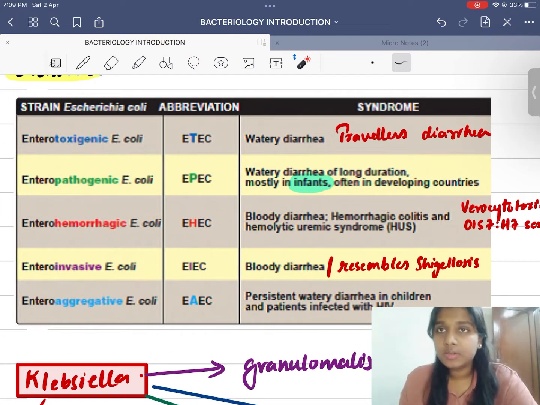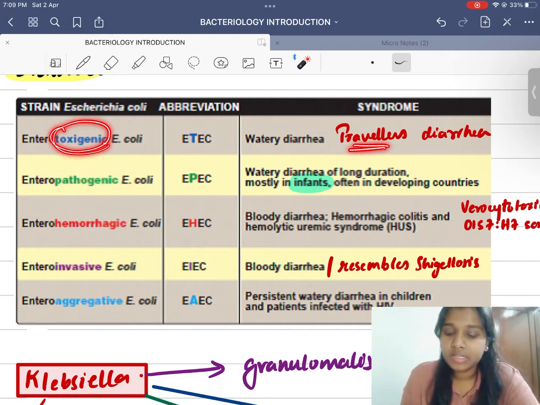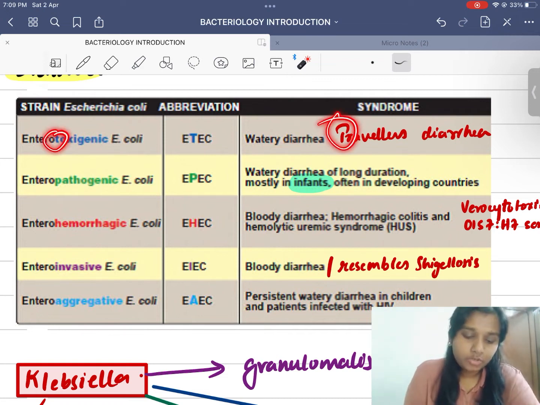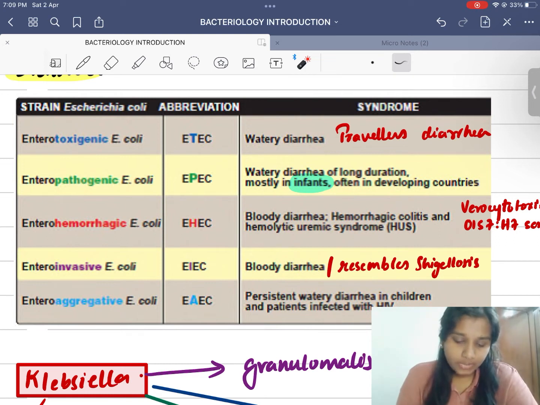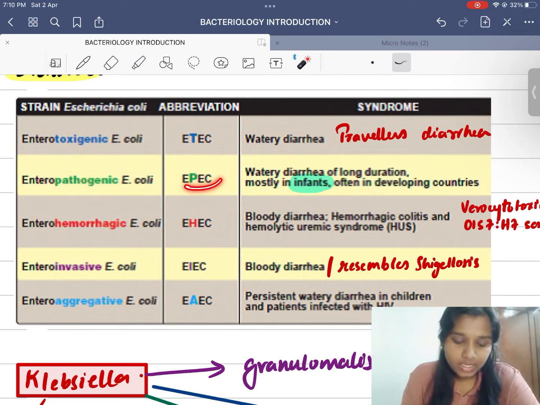Out of this, the main point which you should remember is, for number one, the enterotoxigenic E. coli causes traveler's diarrhea, which is basically watery diarrhea. So T for traveler, T for toxigenic E. coli. Then you have the enteropathogenic E. coli. Pathogenic also causes diarrhea, but the main age group will be kids, infants. That's a very important part for pathogenic E. coli. EPEC, remember, watery diarrhea in infants.